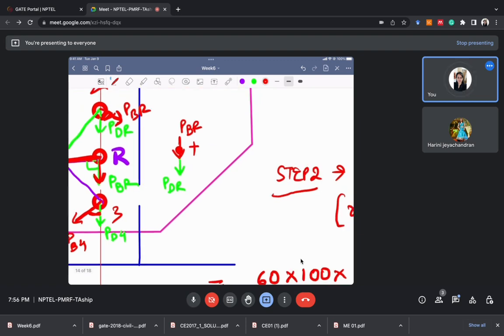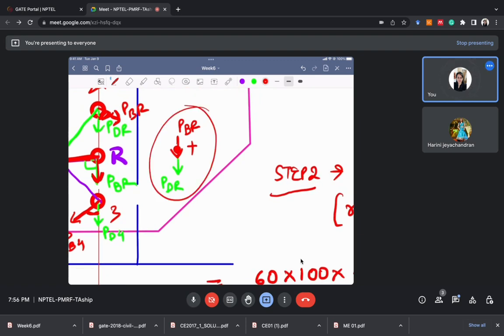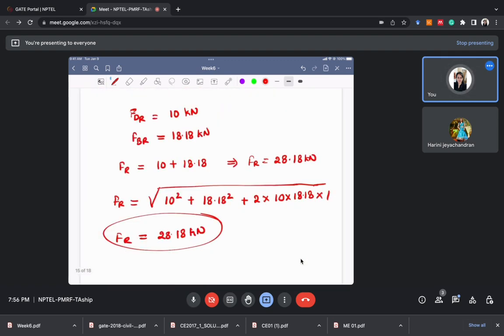So either we can simply add both of them, or if you want to use the formula, theta is 0 degree because both are in the same direction. If these forces are in the opposite direction, this is 180 degree. Okay, is it clear now?